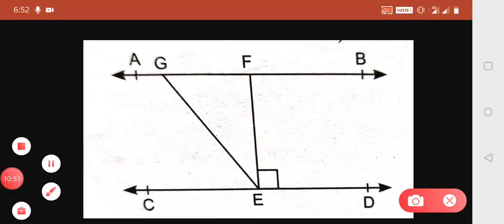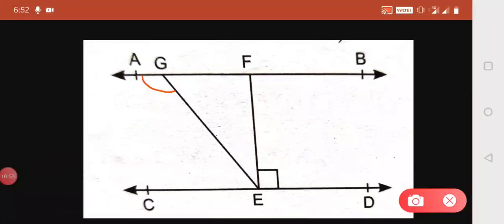You can see that angle AGE plus this angle FGE, their summation is a straight line, that is 180 degrees. So they are linear pair axioms. So we write angle AGE plus angle FGE is equal to 180 degrees.